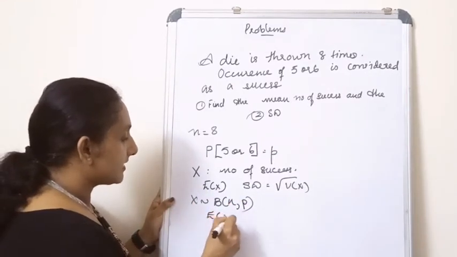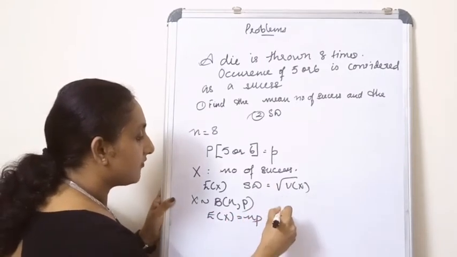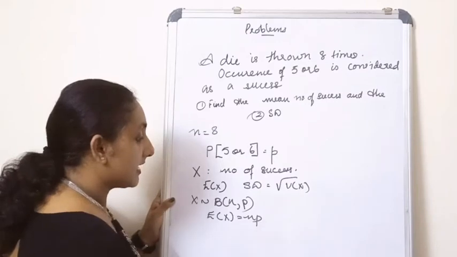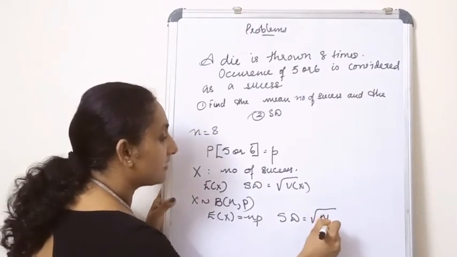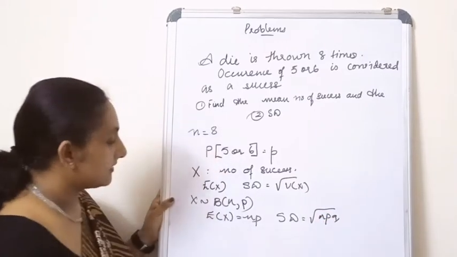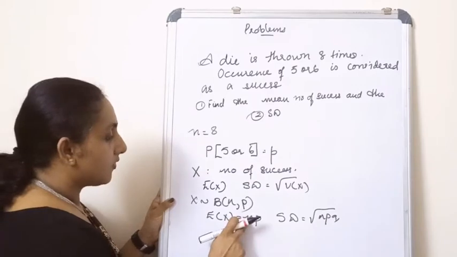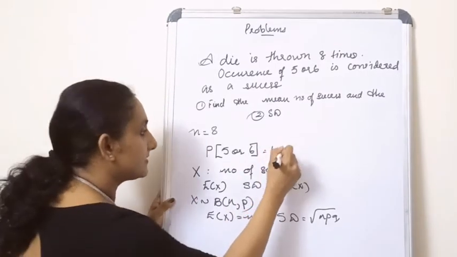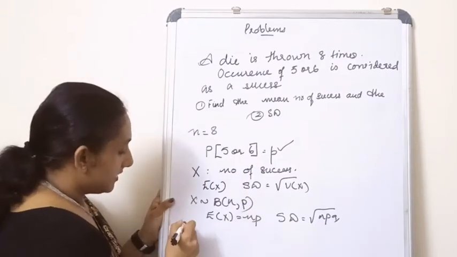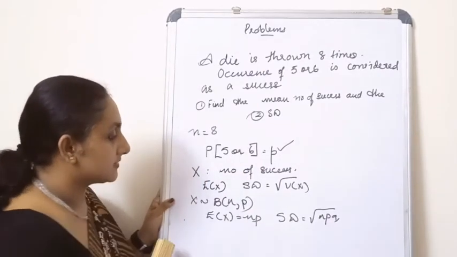Expectation of x in a binomial distribution is np, and you will get your SD as root of npq. Since you know n, you can substitute the value, but you have to find small p.